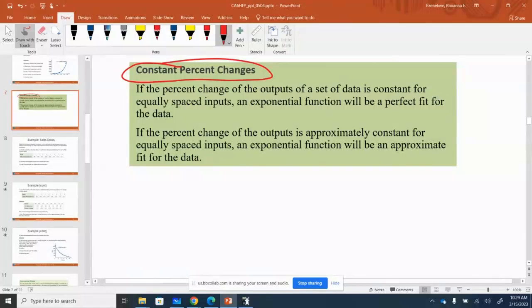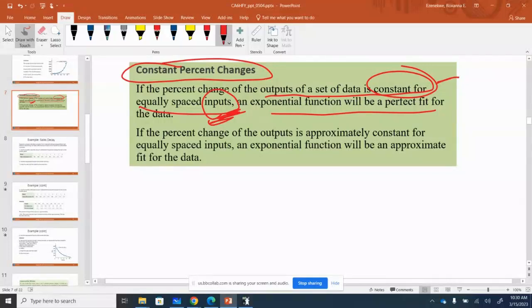Okay, so if the percent change of the outputs of a set of data is constant, it means they're almost equal. In other words, if the inputs are equally spaced and the percent change is constant, an exponential function will be perfect.